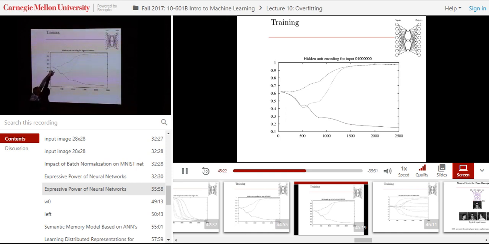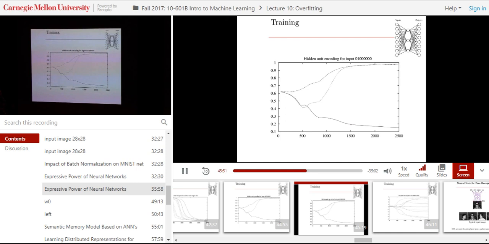But you can see that it actually wanders around, finally converges to where the network decides to assign that particular thing a 110 encoding, to speak in Boolean terms. But you can see that during the gradient descent tuning and learning of the network, that encoding was actually moving around before it converged.